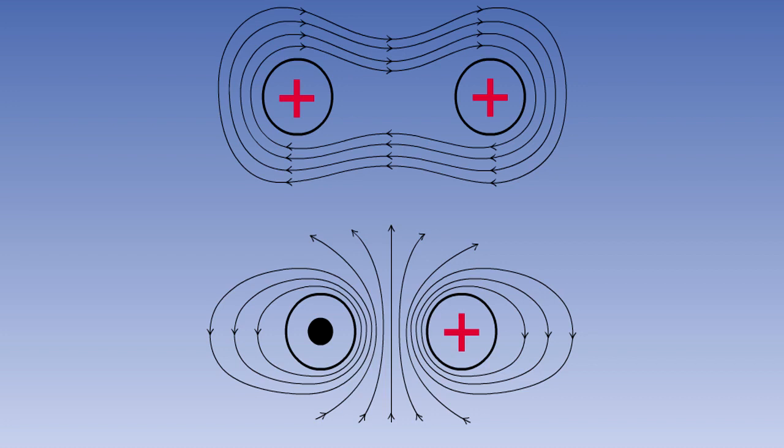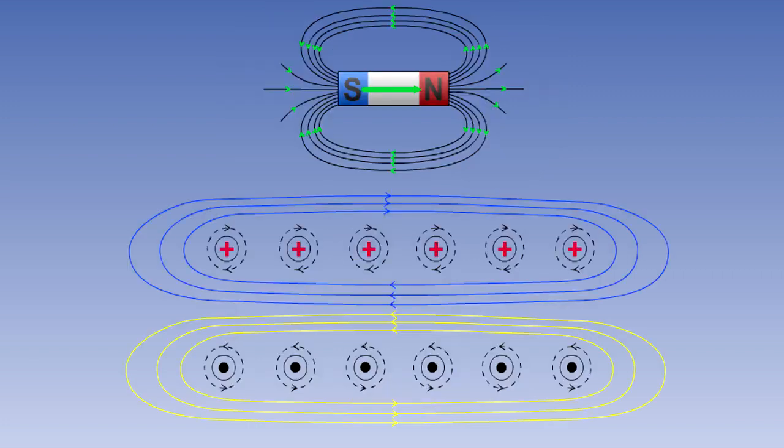If, however, we place two insulated current-carrying wires together with the current flowing in opposite directions, their fields will now interact like this. If we combine both of these effects over a number of wires, we will produce a magnetic field very similar to that produced by a bar magnet.